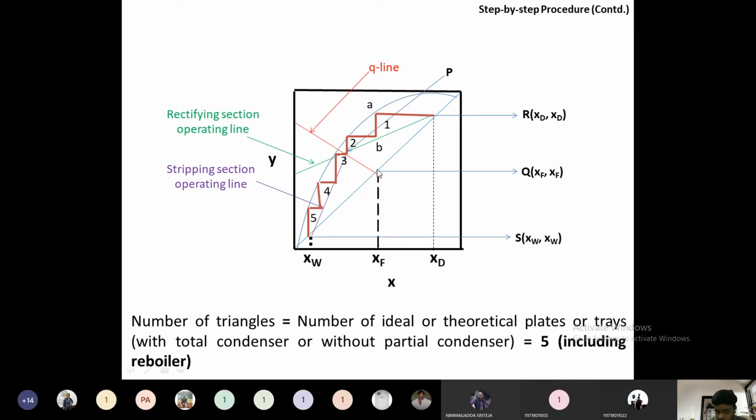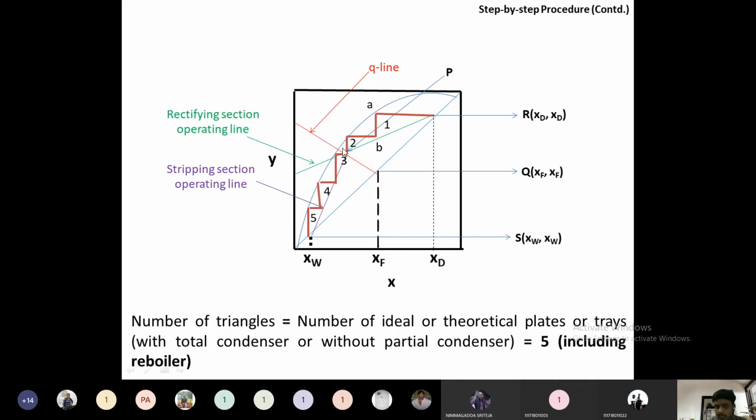If you see, there is one more point to note here: where this feed line, or Q line equation, is touching. If you see, it is touching here. We can conclude that the feed plate can be between 2 and 3. We have to justify whether we locate our feed plate at 2 or at 3.